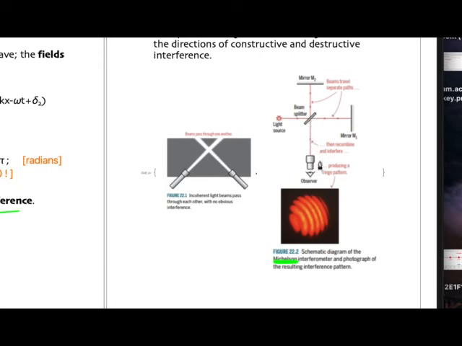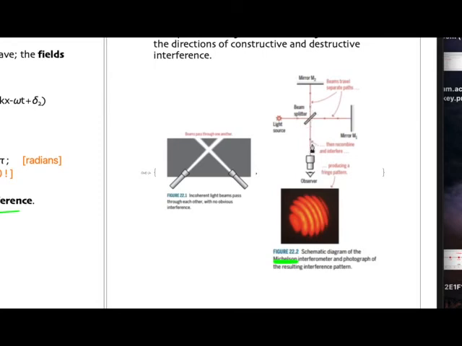Part of these returning beams continue through to the observer. Well, the oscillations in this final beam will be completely coherent, where you have a crest in the wave that reflected from M2, and where you have a crest that reflected from the mirror M1. They'll both be aligned in space and time, and so you'll have constructive interference.